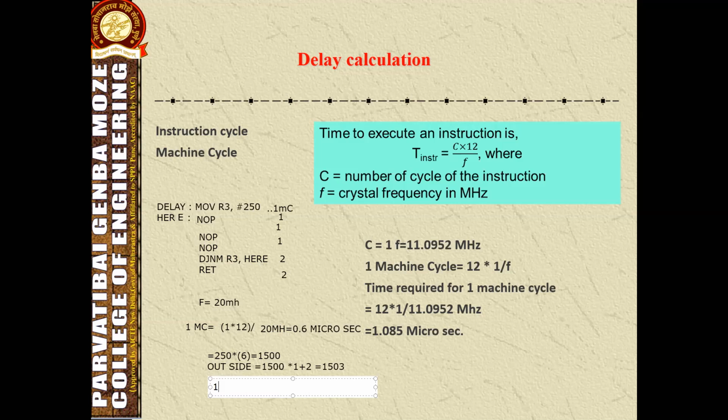Here a total of 1503 machine cycles is there, and the time required for executing each machine cycle is 0.6, which is nothing but 901.8 microseconds. This much time is required for executing this much of instruction. If we call this instruction for the delay purpose, then this much delay it will generate.